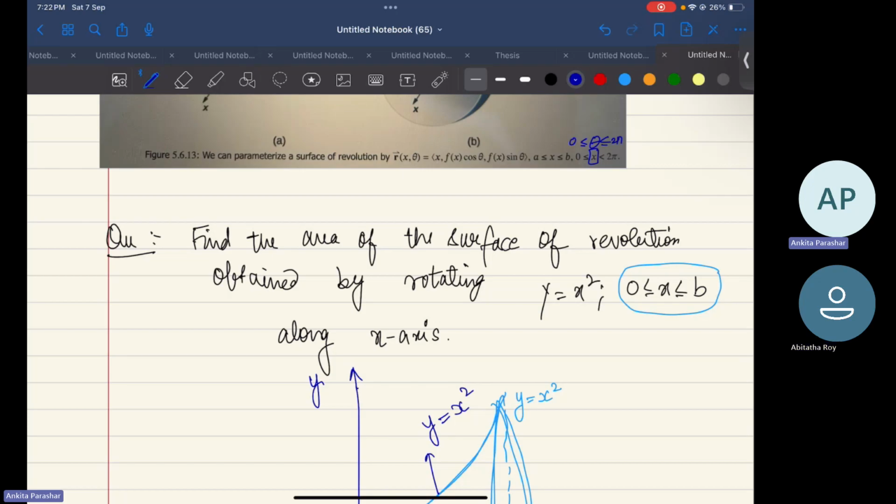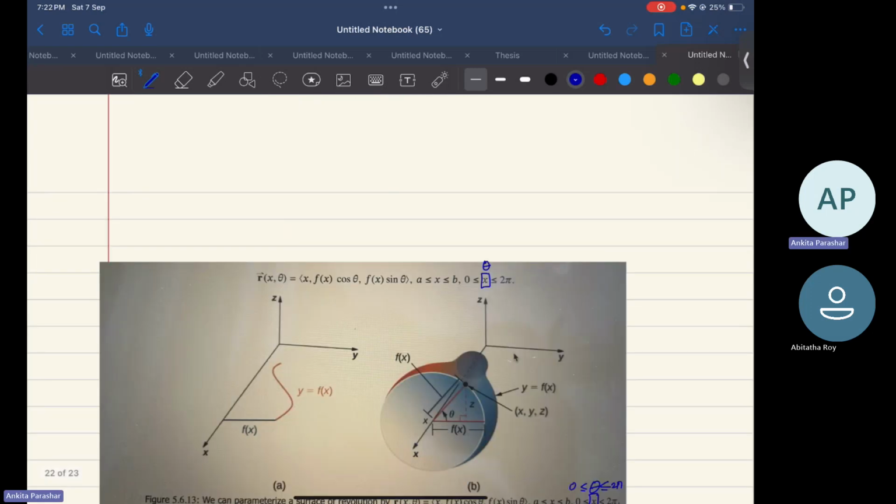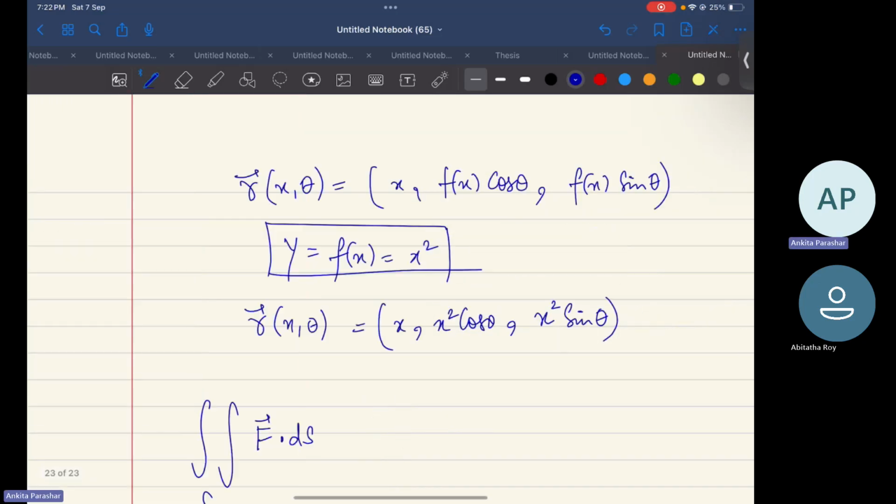And if you remember, it is nothing but the integral of F dot dS over the surface S. You want to integrate your F over the surface S. Of course there is a curve involved here in order to get the surface integral. So for a surface integral, you first have to see what F is, and then you have to find dS.